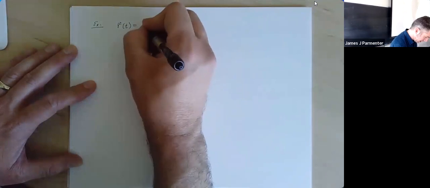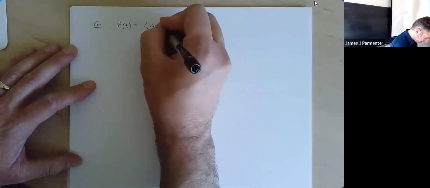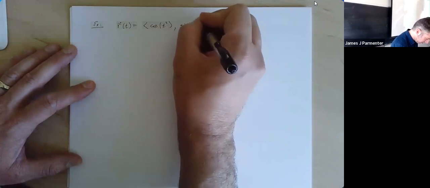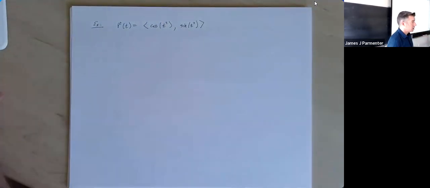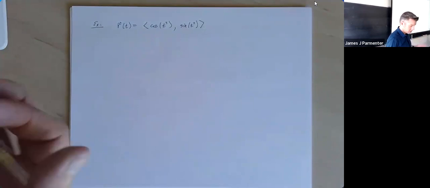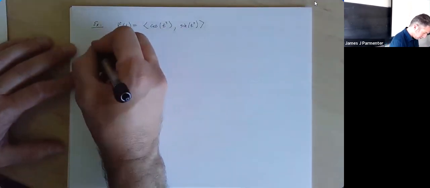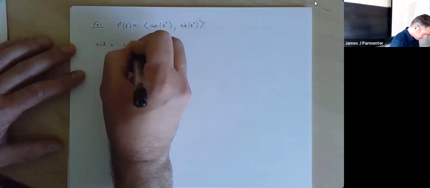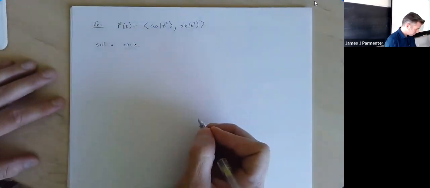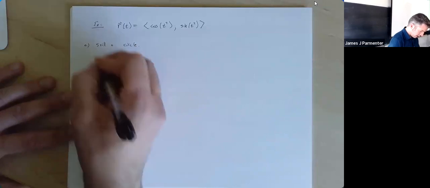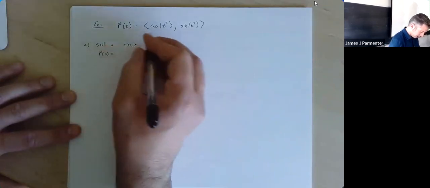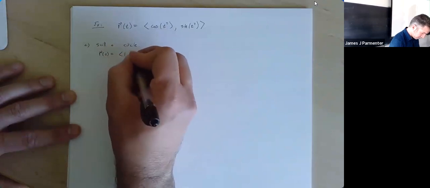R of t is now cosine of t squared, sine of t squared. Still describes a circle. And we still have the initial position being cosine of 0, sine of 0, just 1, 0.